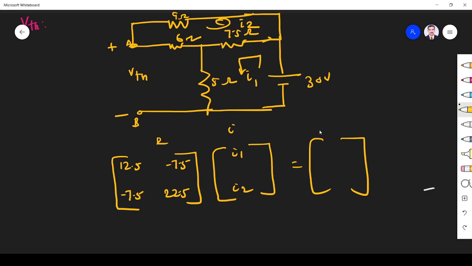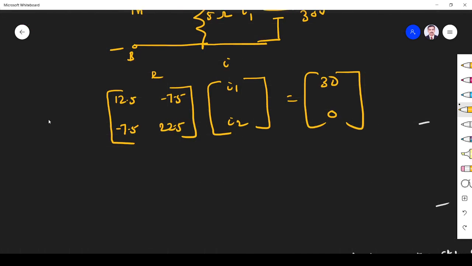R into I is equal to V. So here the voltage is 30 volt. Here it is 0 volt. Fine. So by using this you find I2. It is a simple matrix. So use Cramer's rule and find I1 and I2. I1 is 3 ampere. I2 is 1 ampere.